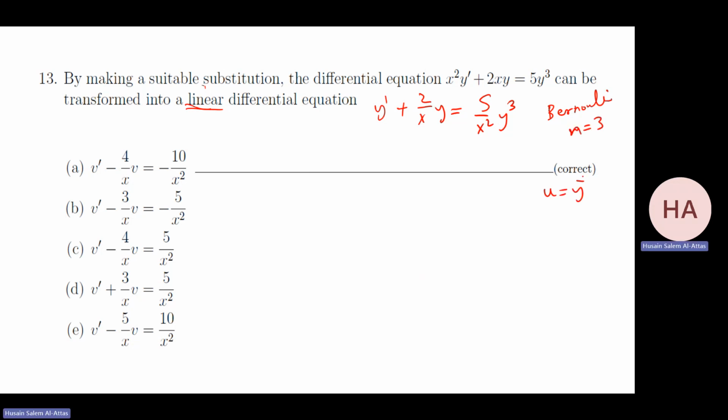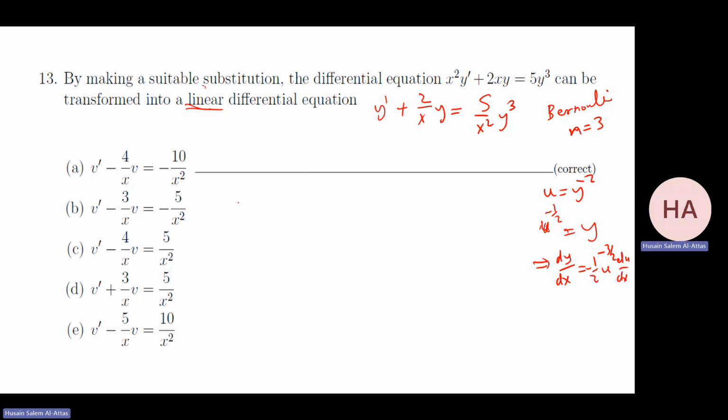So u is y to the power minus 2, 1 minus 3, which is y to the power minus 2. So u is minus half, equals y. So du over dx will be minus half u to the power minus 3 over 2 du over dx.